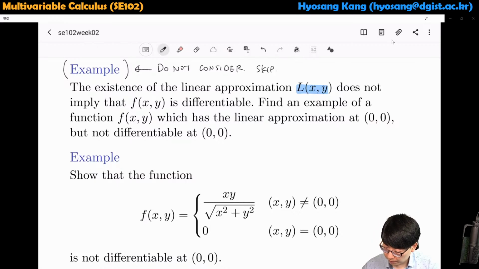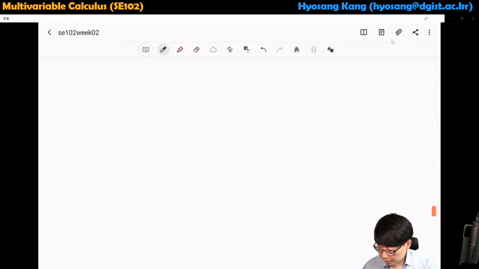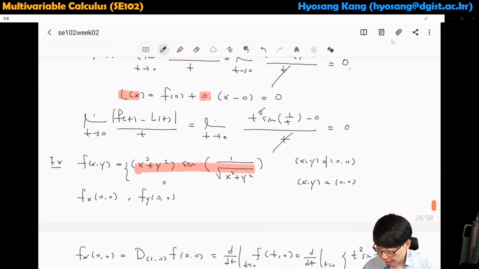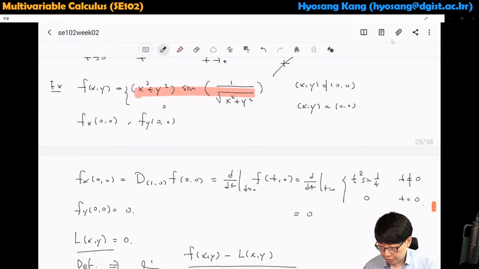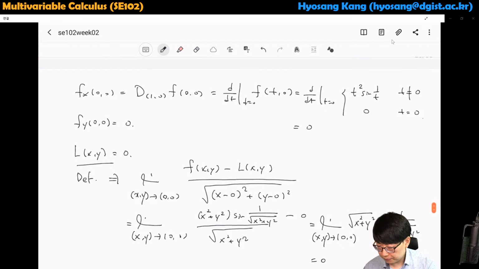Just skip this, I think it makes it more confusing. So just use this example as an example of differentiability of functions. If you have a function given by this kind of formula, then you can get a linear approximation, and the definition of differentiability shows that it's also differentiable.